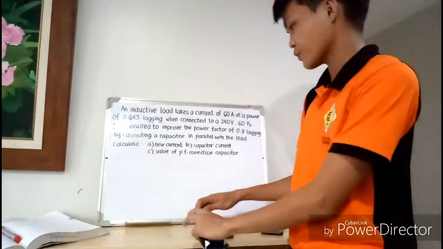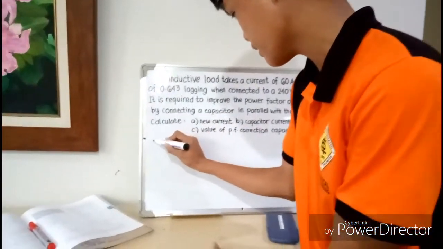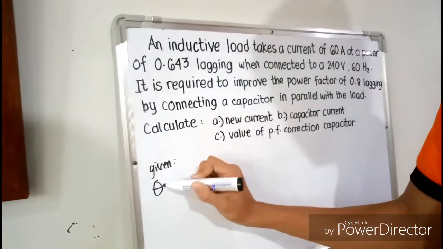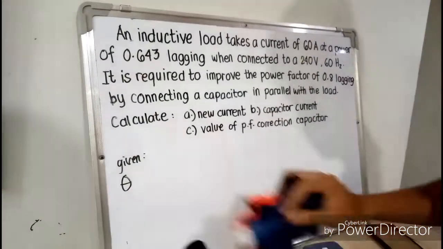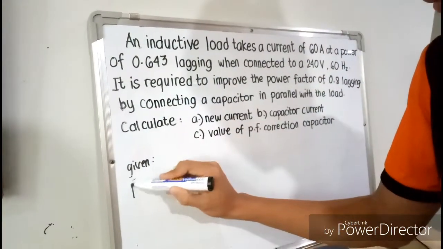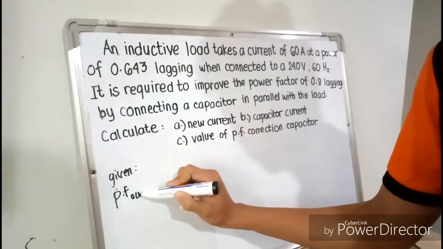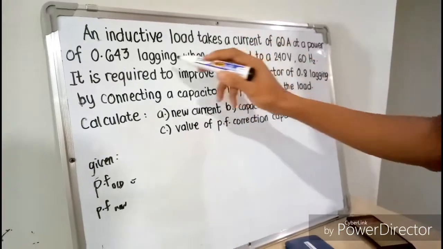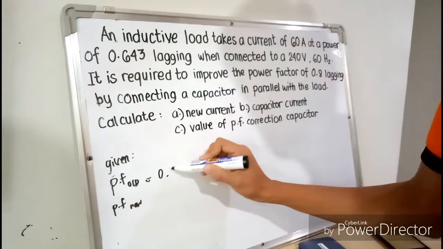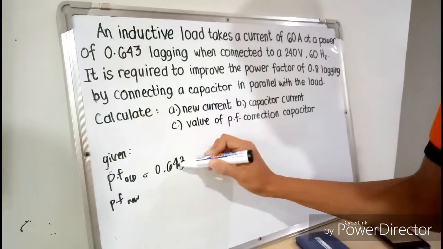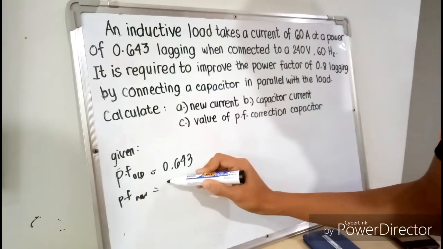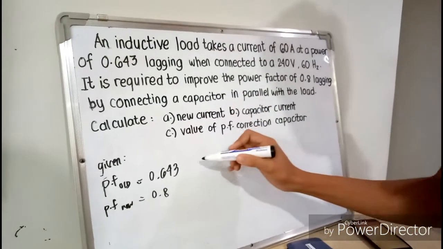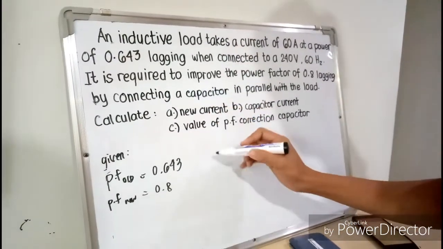So first, we need to put the given. We need to get the phasor angle.